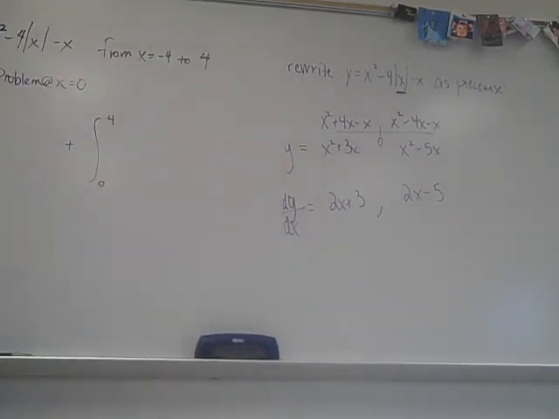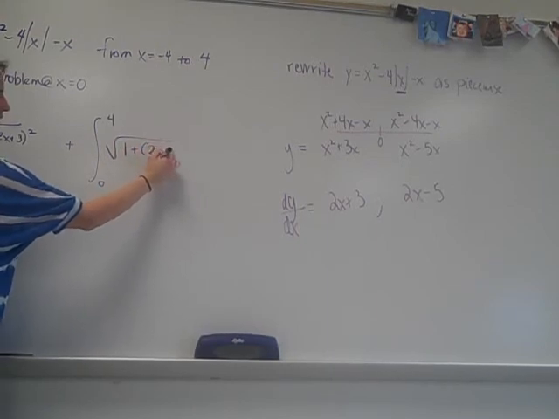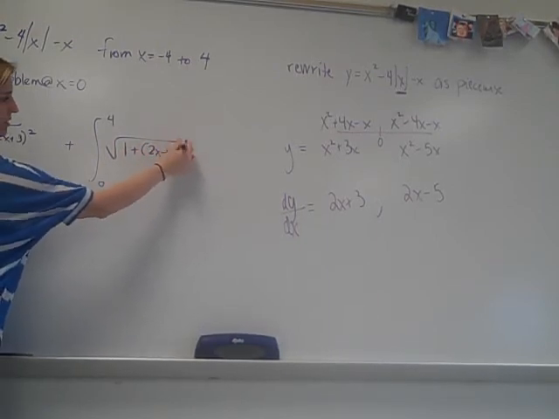So when x was less than 0, I'm with this piece. I'm going to use the square root of 1 plus dy dx squared, so it's 2x plus 3 squared. And then the other formula, same thing, but the dy dx is different.